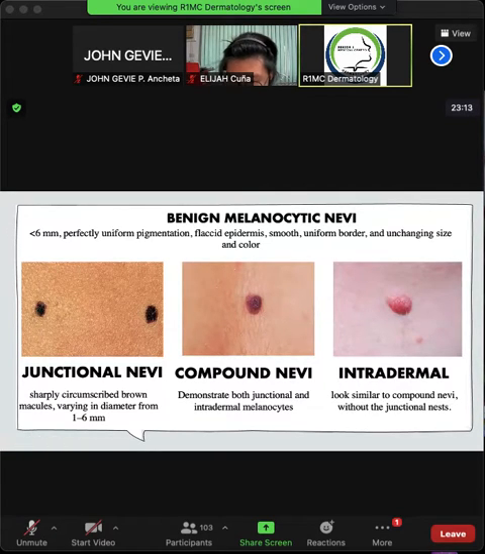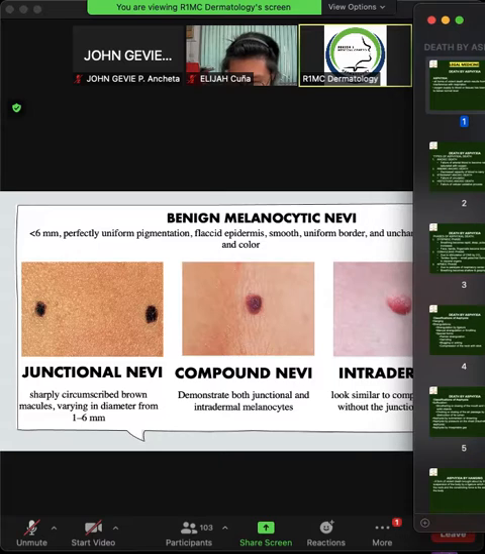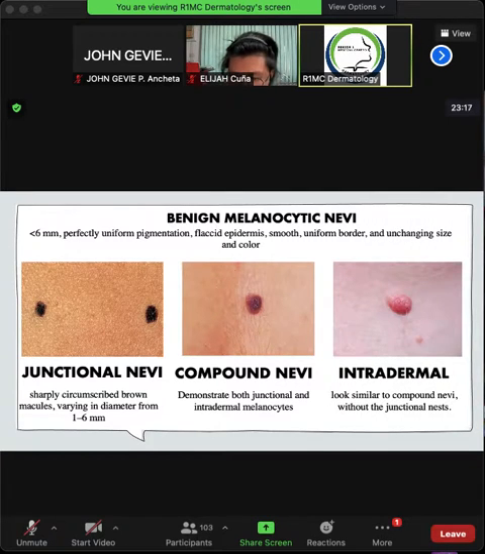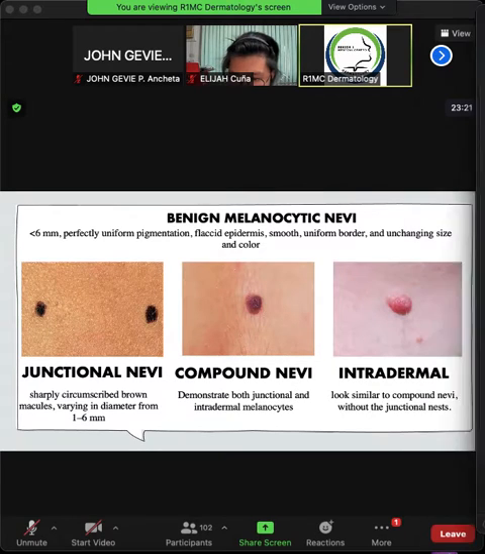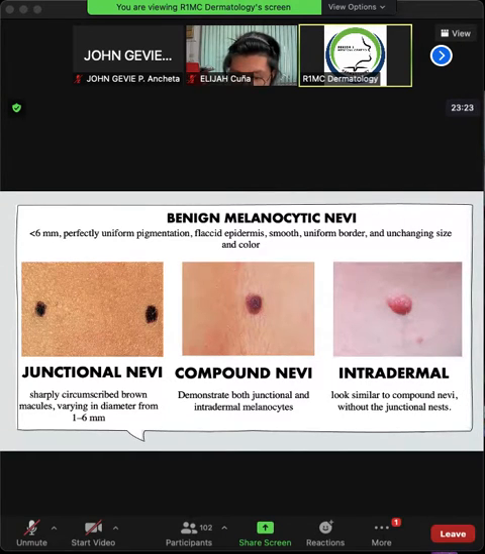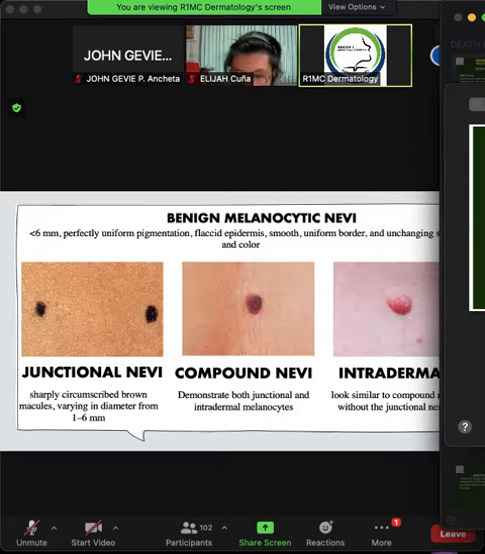However, take note of your eruptive nevi, which can be seen in association with your bullous diseases, severe sunburn, immunosuppression, or sulfur mustard exposure. So we have three types: your junctional, your compound, and your intradermal.